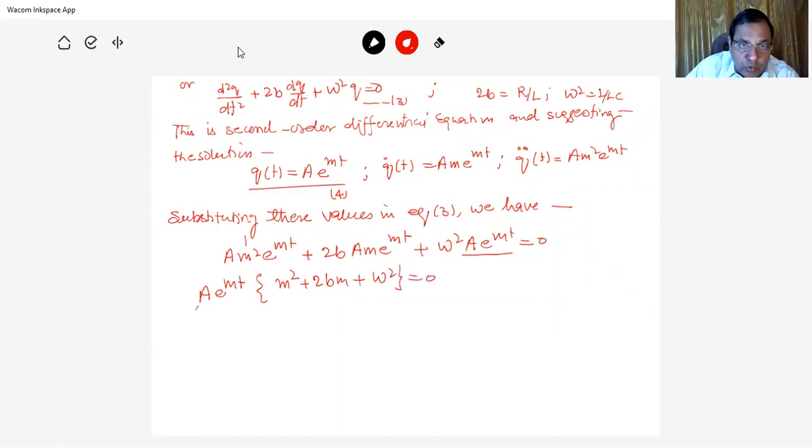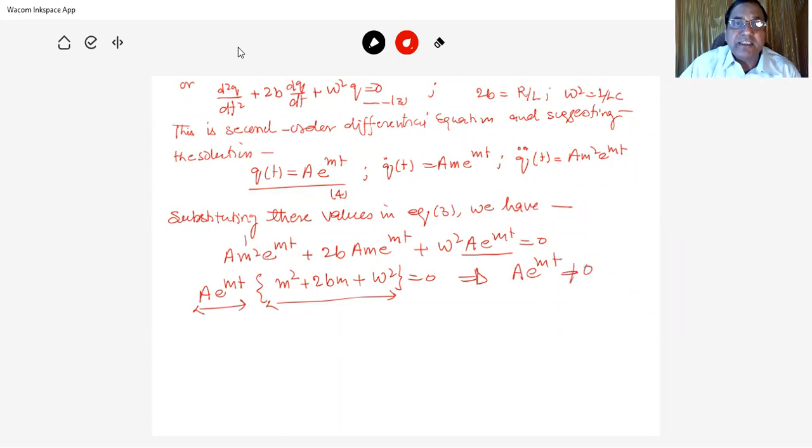Now these are two terms, a e mt into this whole thing is equal to 0. So this implies a e raised to the power mt is not equal to 0. Why? Because we have suggested that this is equal to q(t). So the remaining part is 0 and we can say m square plus 2bm plus omega square is equal to 0.